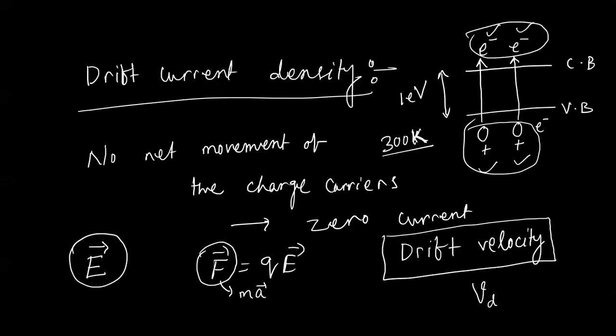Very simple. We said this drift velocity is nothing but the average increment in the velocity of the charge carriers under the application of an external electric field. If you write this in mathematical form, we can write V_d, the drift velocity, is directly proportional to the applied electric field.